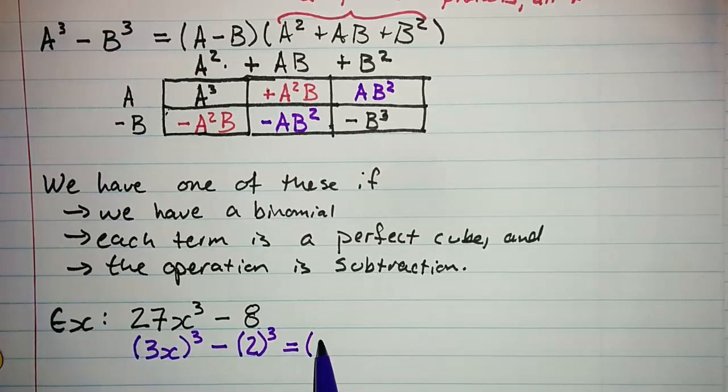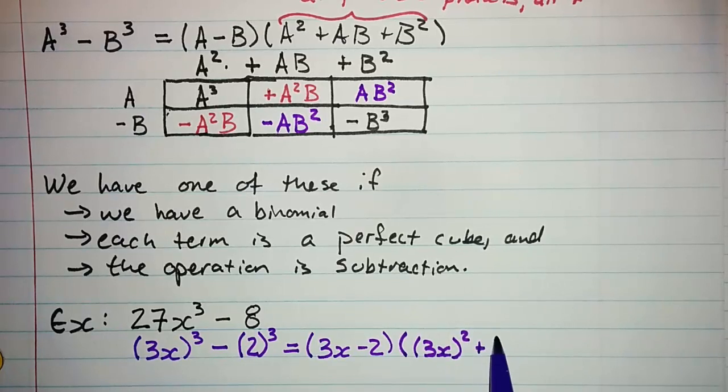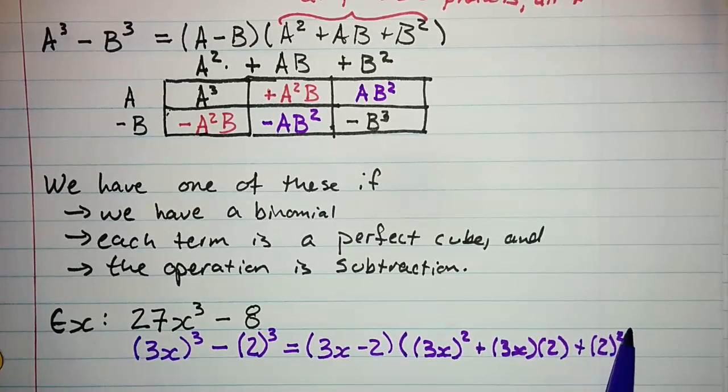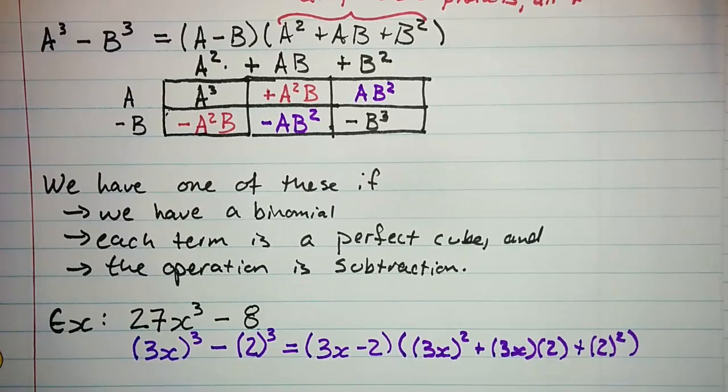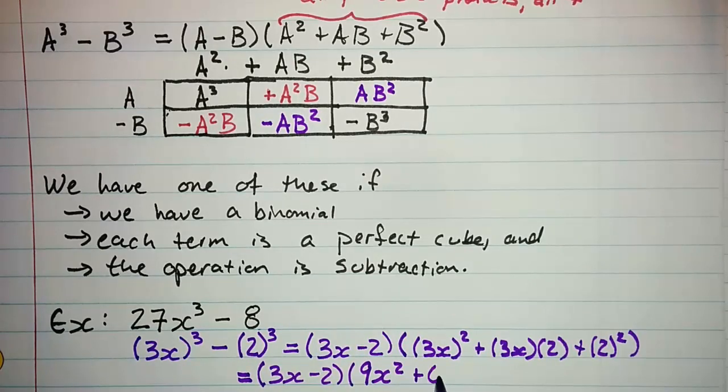So we factor this as 3x minus 2 times, let's see, 3x all squared plus 3x times 2 plus 2 squared. Oh, it looks like we have a little simplifying to do, don't we? We'll have 3x minus 2 times 9x squared plus 6x plus 4.